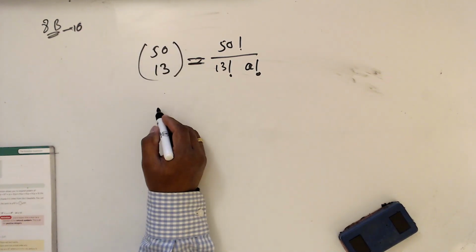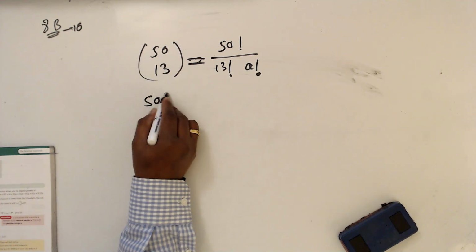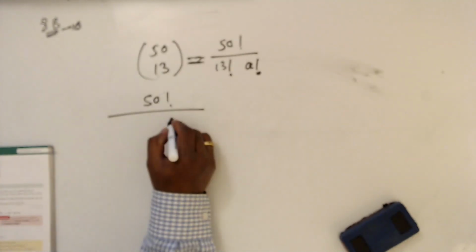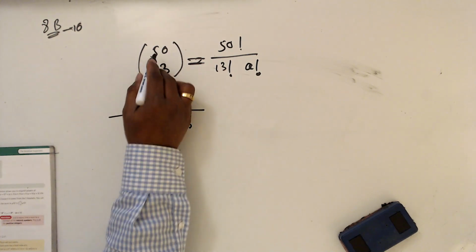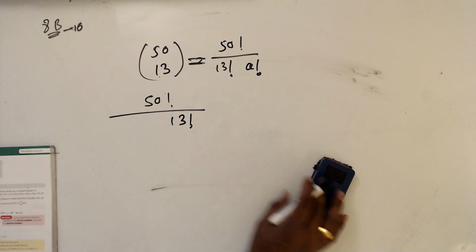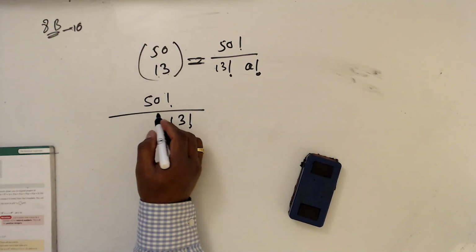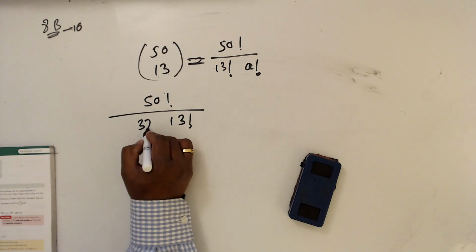So we'll simplify. This one is what? Factorial 50 divided by factorial 13, factorial 50 minus 13. 50 minus 10, 40. 40 minus 3, 37.